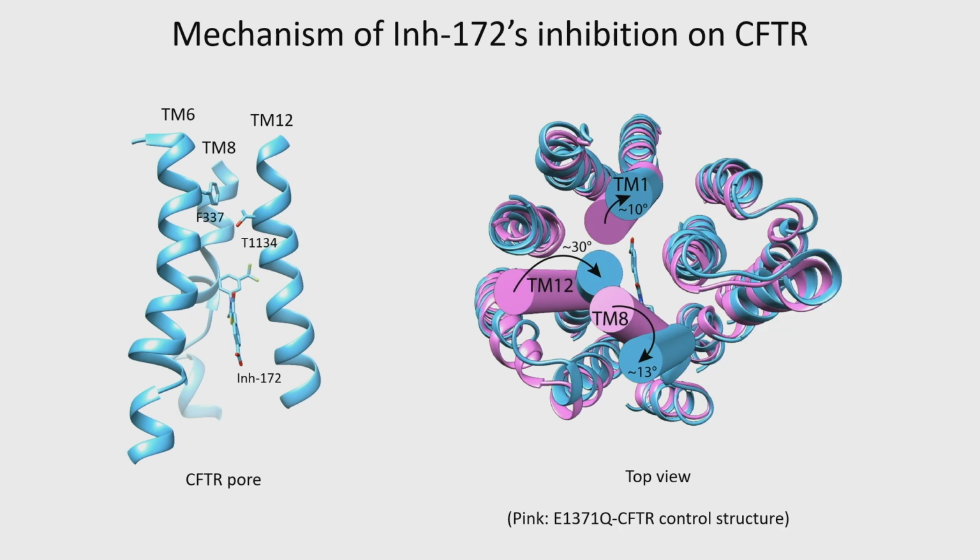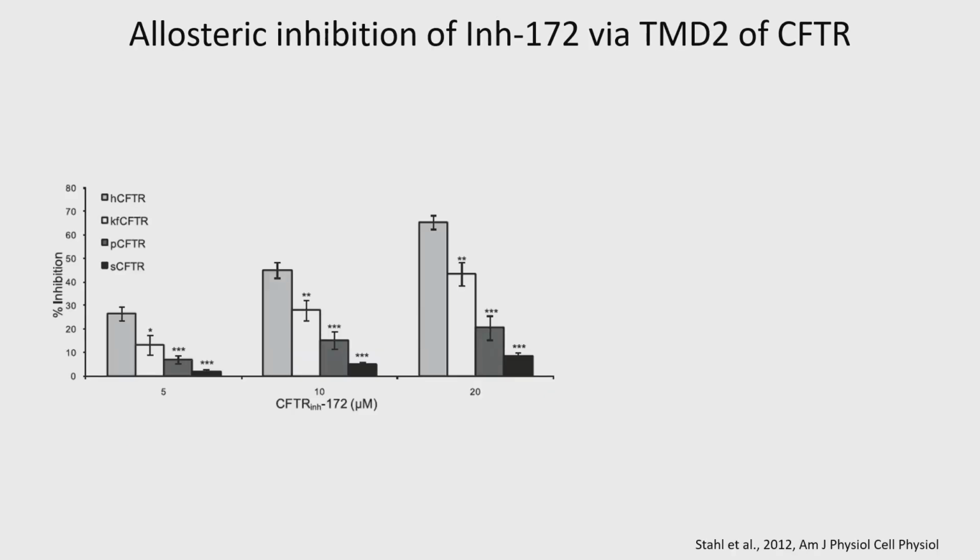So our previous functional study did predict that this inhibition involves a post-binding conformational change. And now we can see it with the cryo-EM. We also noticed that different CFTR orthologs showed different sensitivities to this inhibitor.